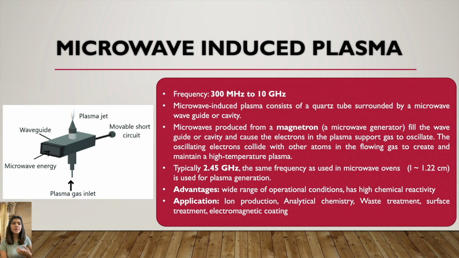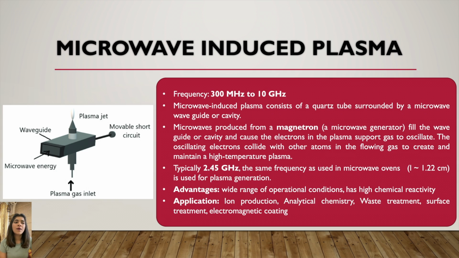So basically, the electrons are colliding with each other and the other atoms in the flowing gas to create and maintain a high temperature plasma. Now, typically, 2.45 gigahertz is the frequency used in microwave-induced plasma, which is almost the same as that used in our microwave ovens.